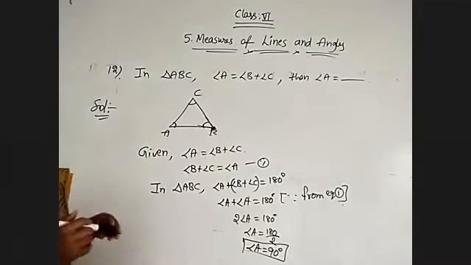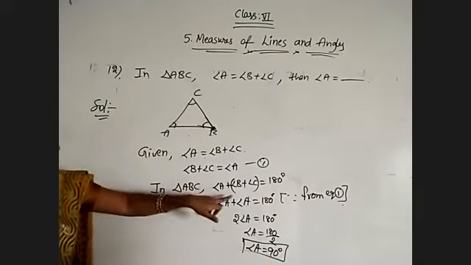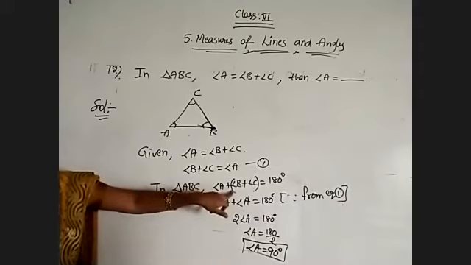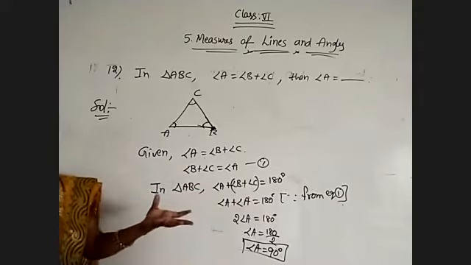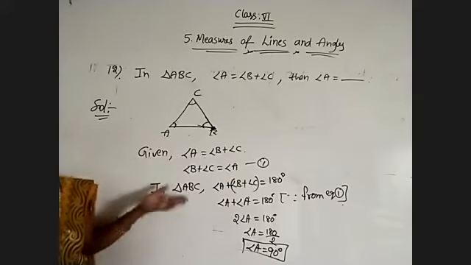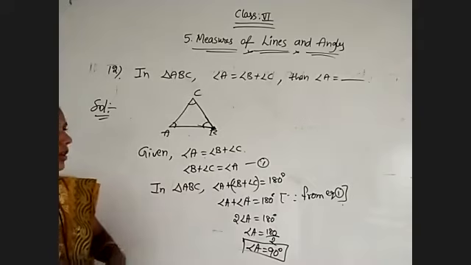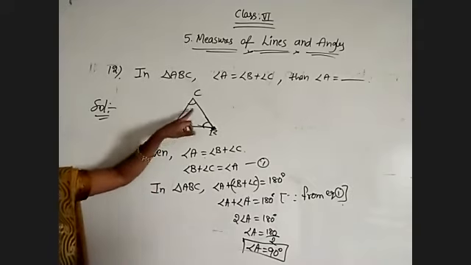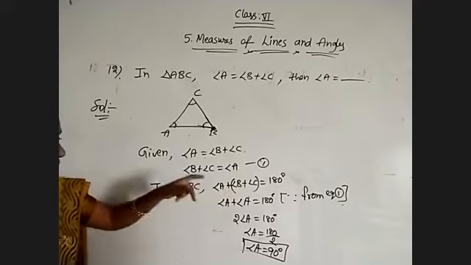So always remember, the sum of the interior angles of any triangle is equal to 180 degrees by the angle sum property of a triangle. In the next class, that is in your 7th class, you will study this type of triangles as well as the angle sum property and other properties. So just remember, the sum of the three angles of a triangle is equal to 180 degrees.